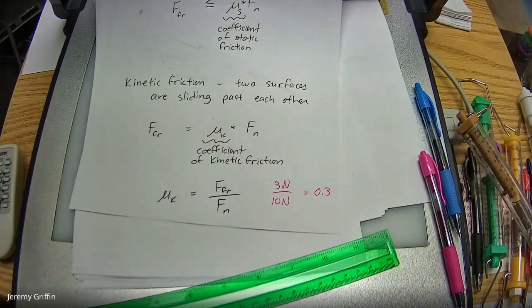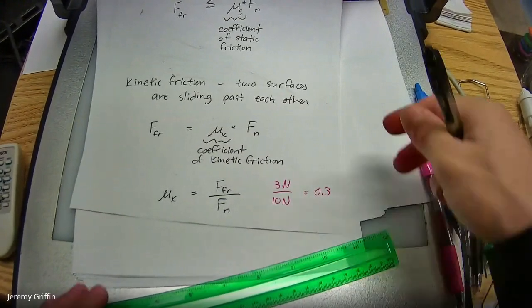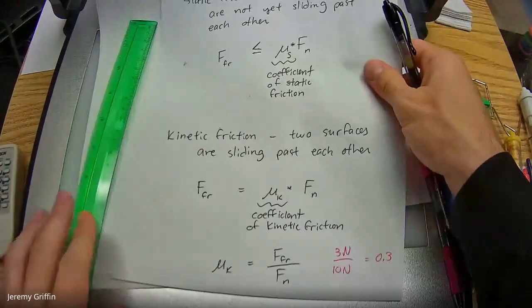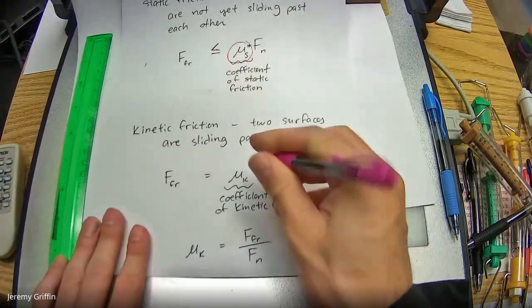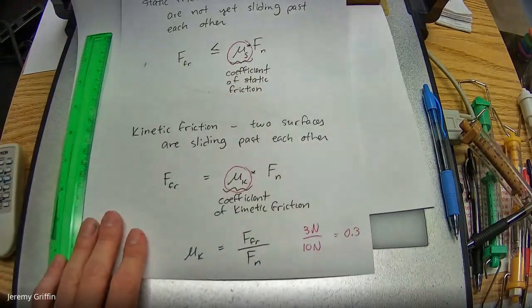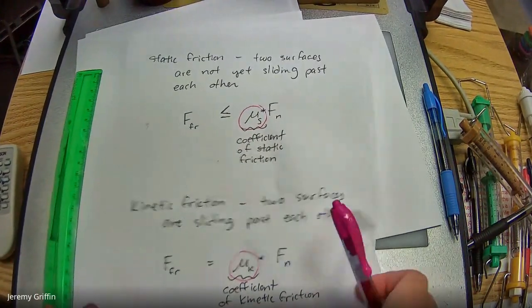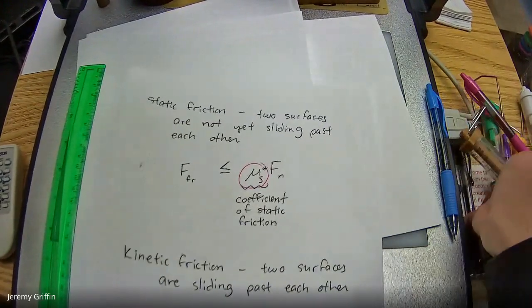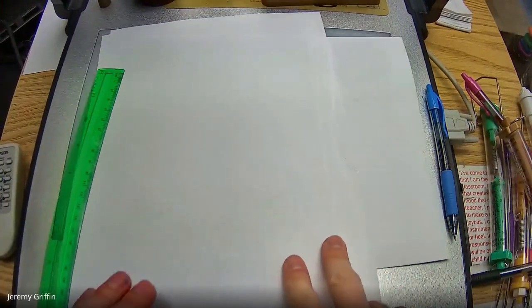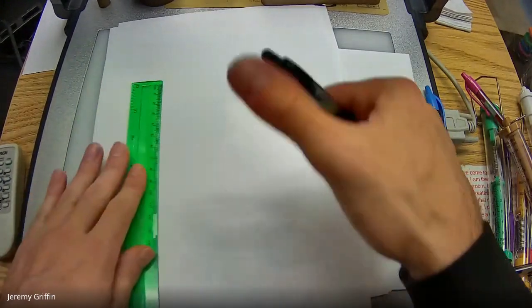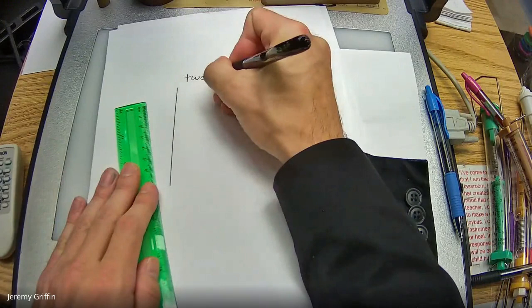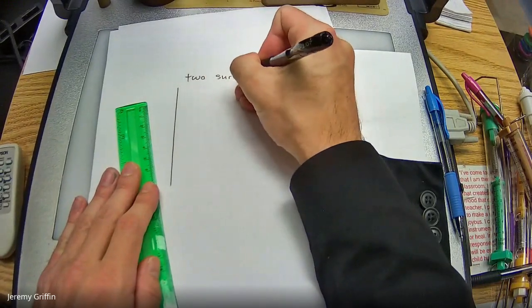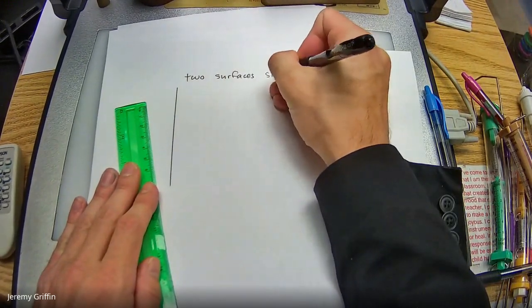Let me tell you guys one more thing about friction, and then we'll go make some free body diagrams. So comparing these two coefficients of friction, we've got static versus kinetic. I want to make a graph to tie this all together. Let's do two surfaces sliding past each other.